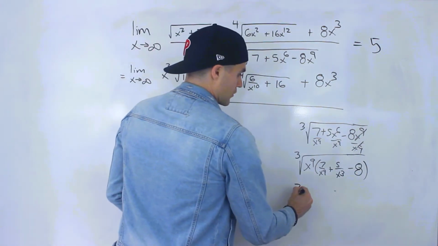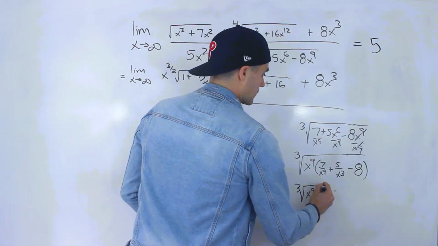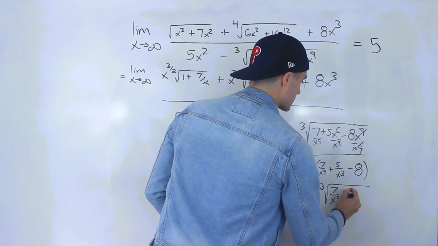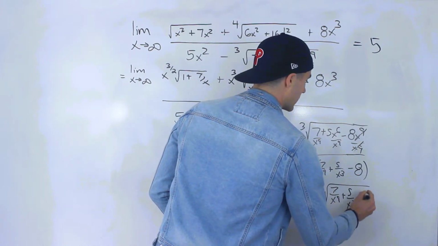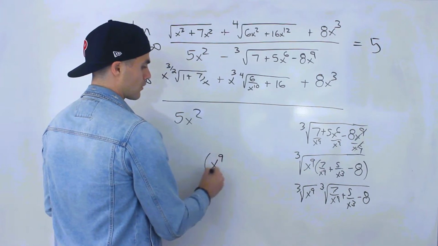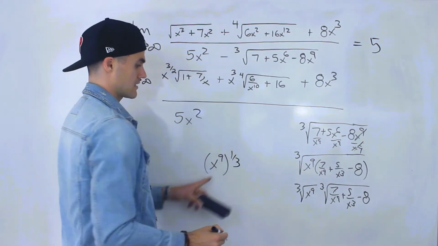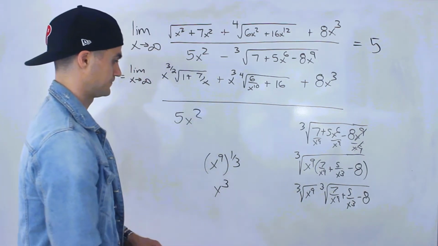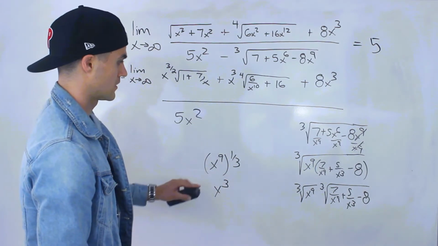And then this would be the third root of x to the 9. Then we have the third root of 7 over x to the 9 plus 5 over x to the 3 minus 8. And the third root of x to the 9 is x to the 9 to the power 1 over 3, which is x to the 3, since 9 times 1 over 3 is 3.